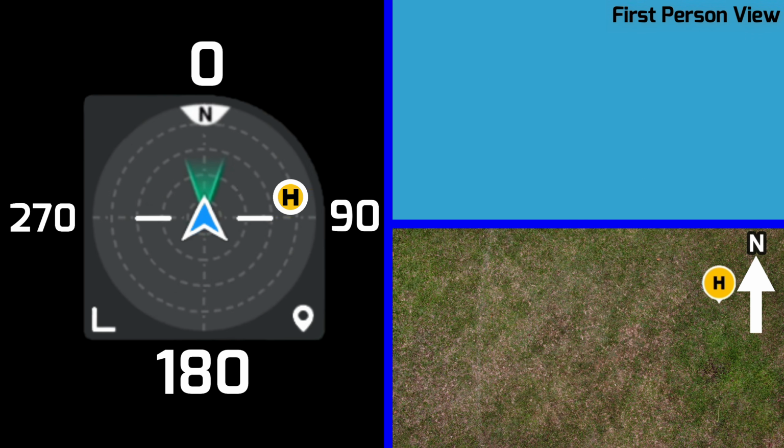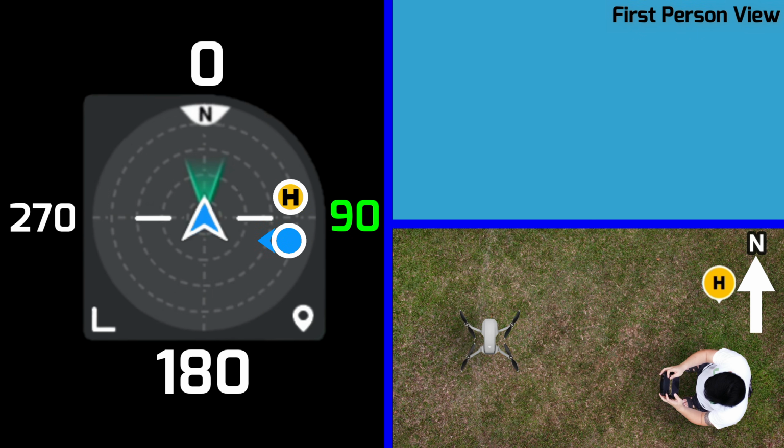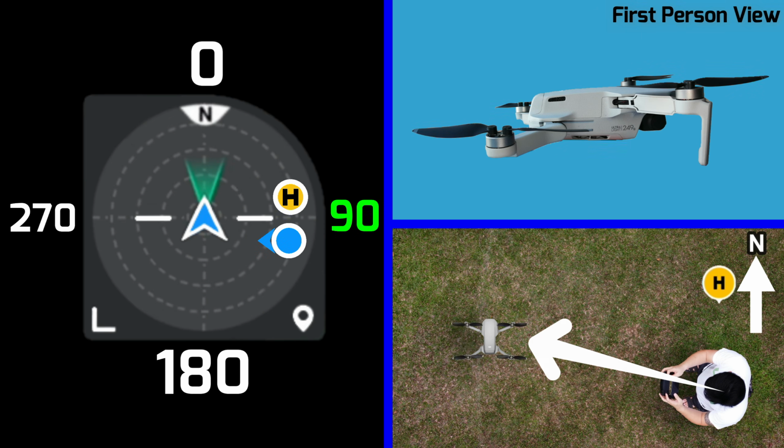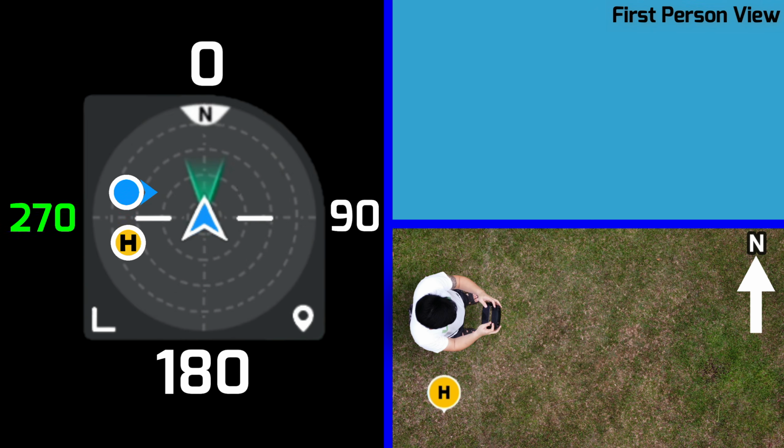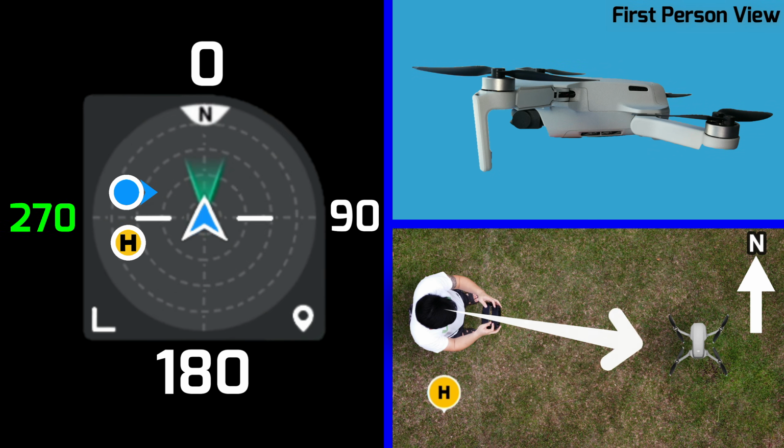When the home point and MDRC are at 90, it means that both are at the same or close proximity spot and the aircraft is also right in front of us and we will be looking at the right side of the aircraft. So vice versa, if both the home point and MDRC are at 270, we will be looking at the left side of the aircraft.